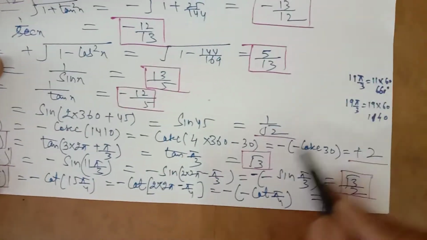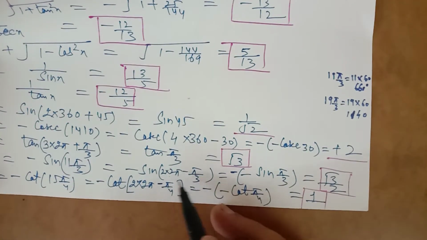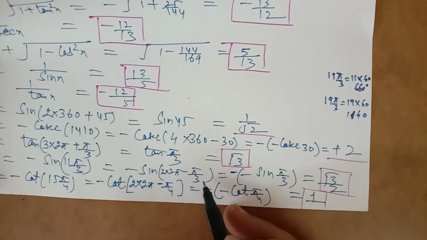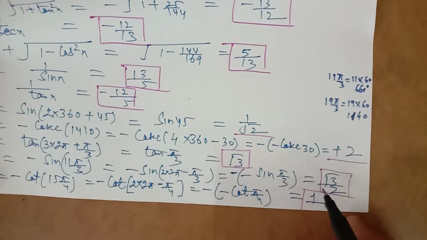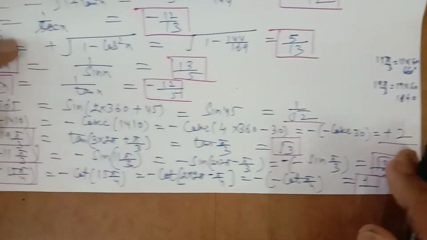For 660 you can write 720 minus 60. So 720 will be 2 into 2 pi, minus 60. Now 360 minus 60 will be in the fourth quadrant. In the fourth quadrant, sine is negative. So two negative signs are there, negative negative is positive, and sine 60 is root 3 by 2.